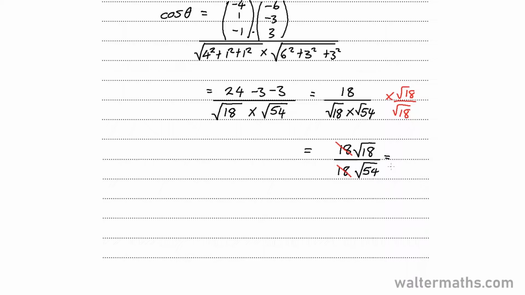So what we have here is the same as the square root of 18 over 54. Now 18 over 54 is a third. So it's as good as 1 over root 3. So that's all equal to cos theta. So therefore, theta should be equal to arc cos of 1 over root 3. And this will be the final answer.